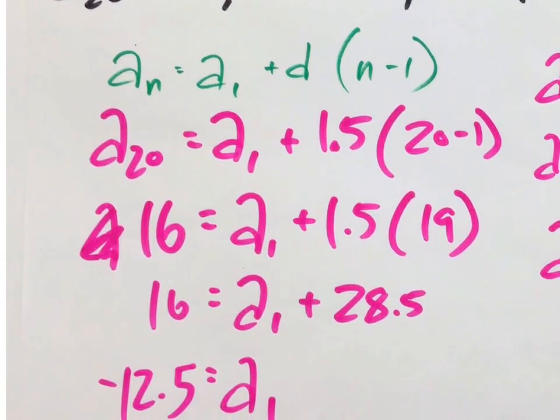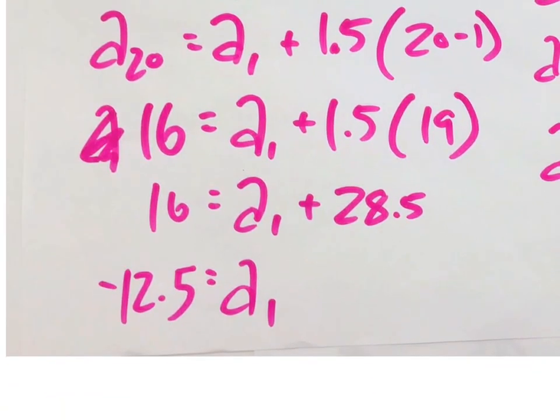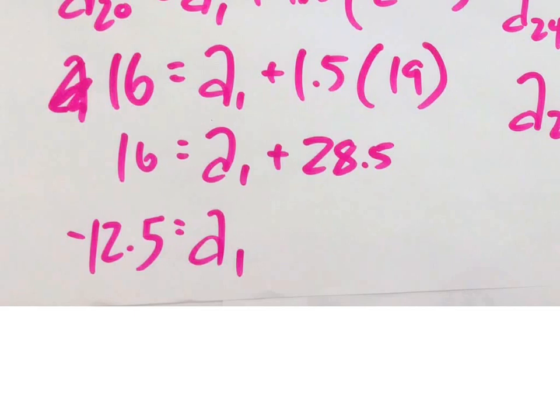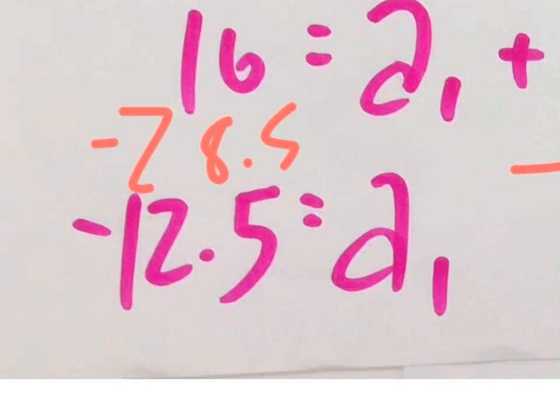And we're about to find a sub 1. 16 equals a sub 1 plus 28.5. We're going to then apply the inverse operation. And when you subtract 28.5 from each side, you're going to get negative 12.5. So that is our first term.